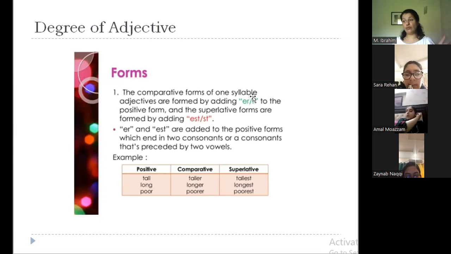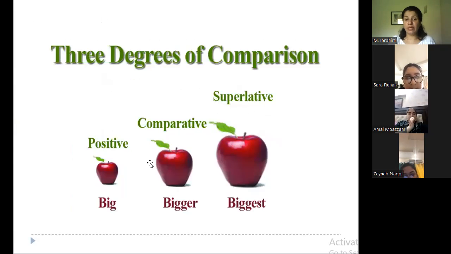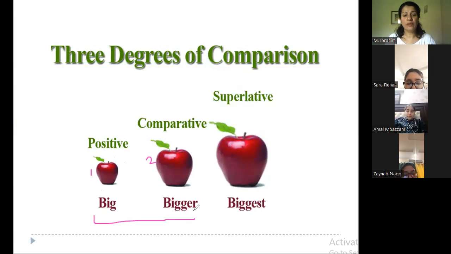Before we come to the formation, remember, I will go back to the initial picture that I used. When there are only 2 things, we use the comparative. When you have 2 things, 1 and 2, two things are always compared with each other. So I will say that this apple is bigger than the first apple.